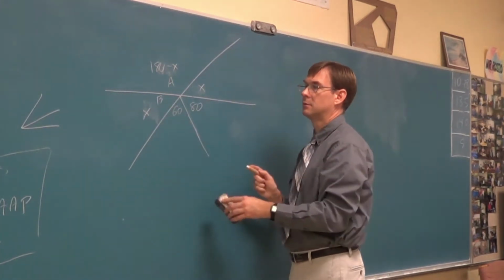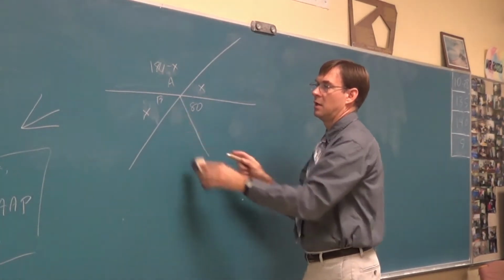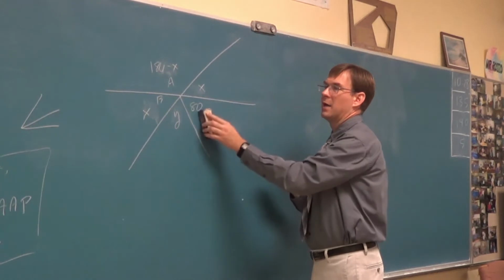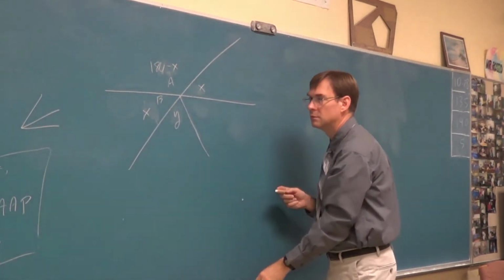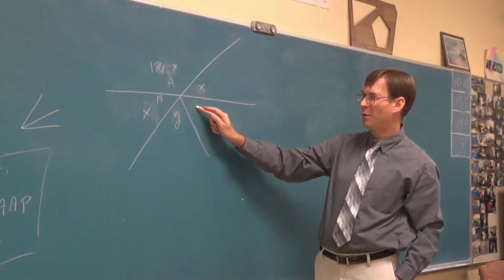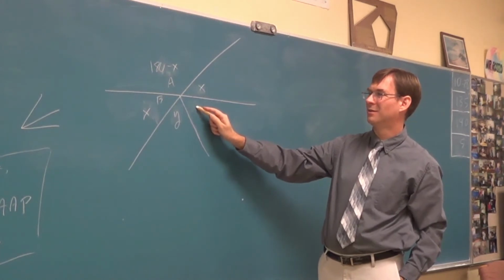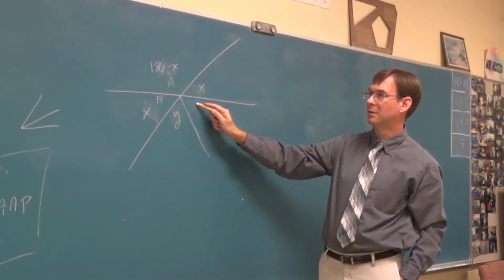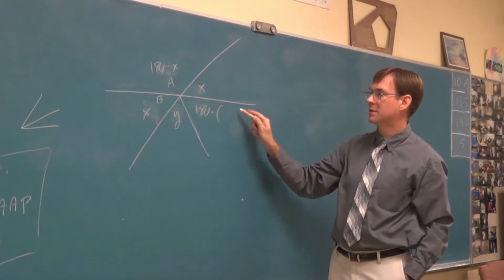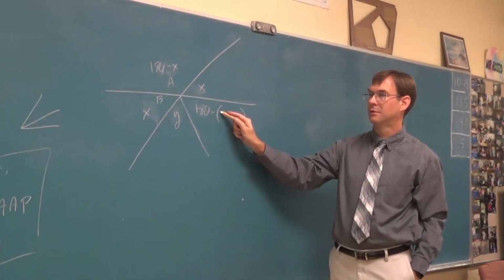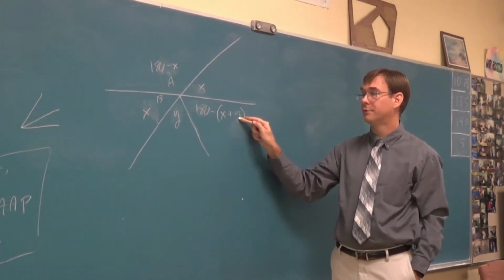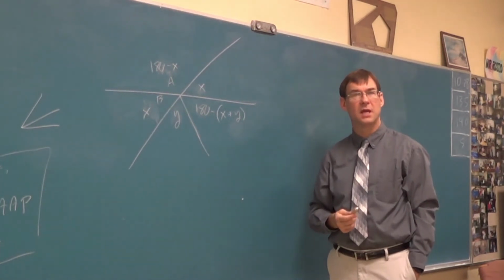X. If this were a Y, how would we figure out what was here? 180 minus X and Y. Does that make sense? A little bit.